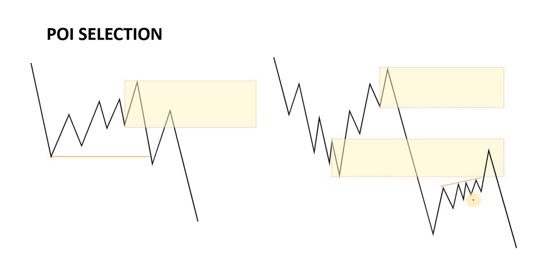And how do you know? How do you begin to suspect that price may react from either the secondary point of interest or the primary point of interest? When you have this break and you see liquidity being engineered or induced here, most likely you know that possibly there's going to be a nice reaction from this particular block.